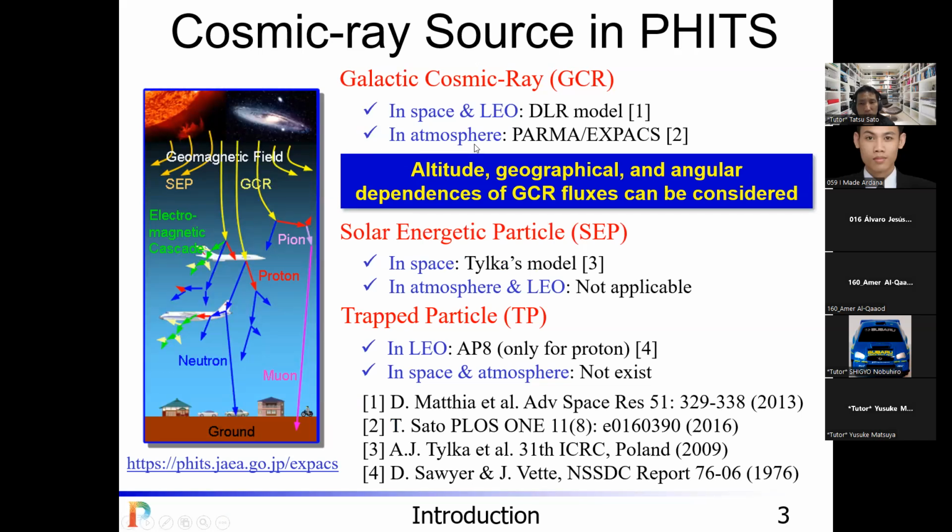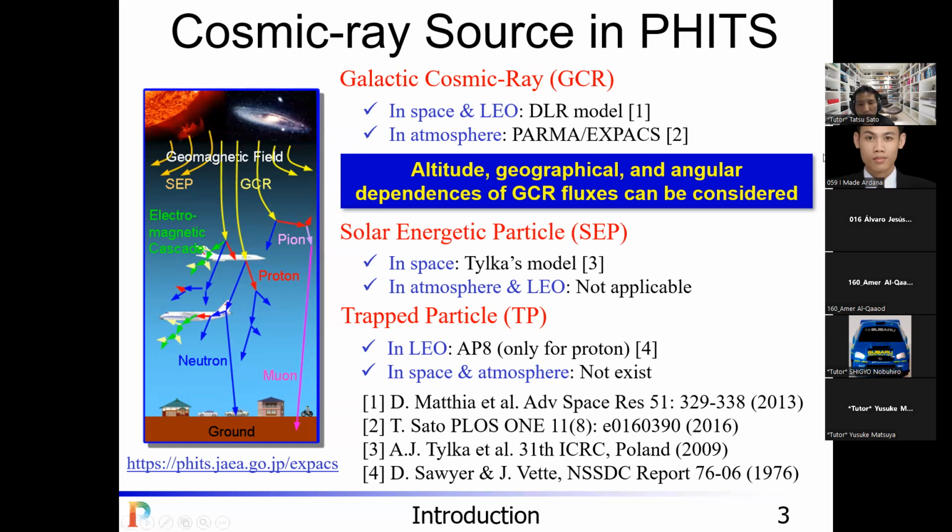In the atmosphere, we use PARMA and EXPACS, which was developed by myself. In this case, the altitude, geographical, and angular dependence of the GCR flux can be considered.